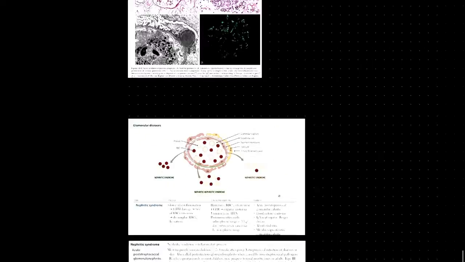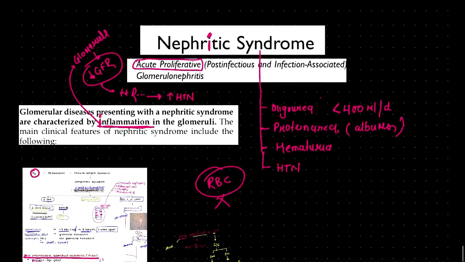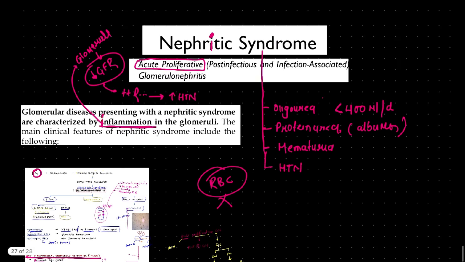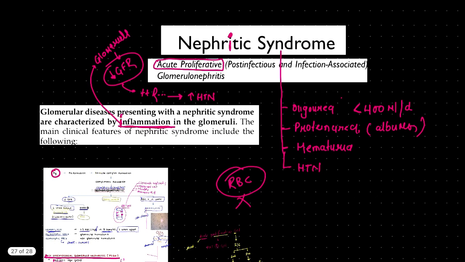This much for nephritic syndrome, acute proliferative and post-streptococcal. After this, we are going to talk about rapid proliferative glomerulonephritis, and under that we'll be talking about Berger's disease. So this much for this lecture. Thank you and have a good time.